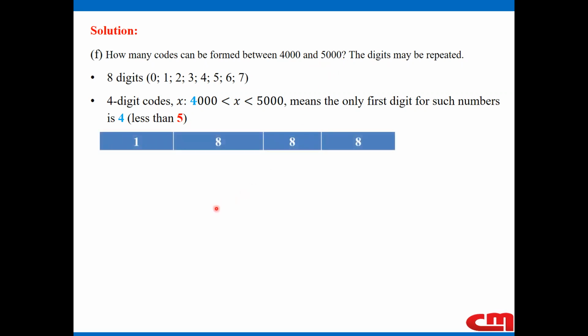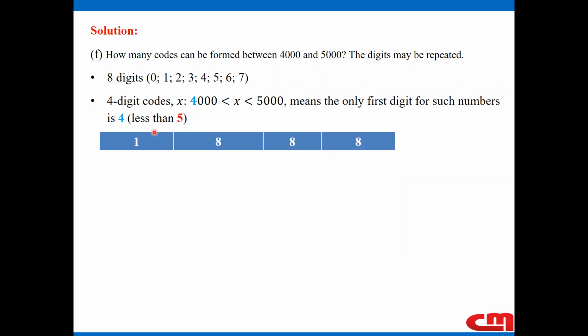Since we only have 4 as our first digit, we put 1 here to represent 4. Then for the second position, since repetitions are allowed, we are still using all 8 digits, so we have 8, 8, 8.